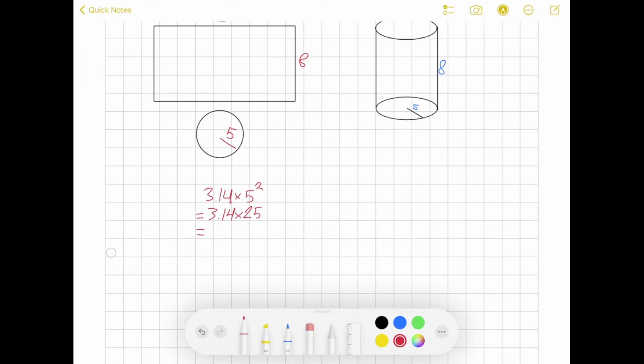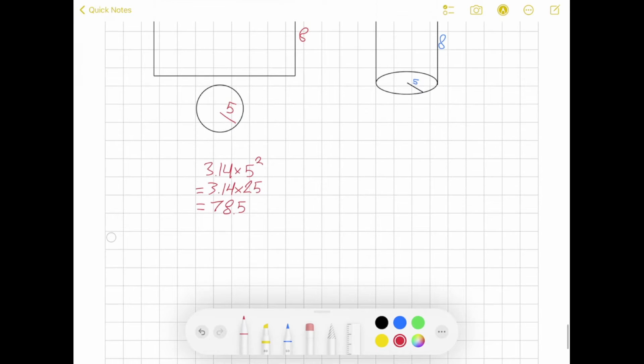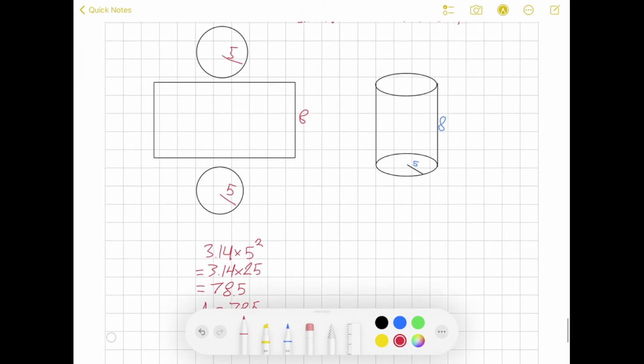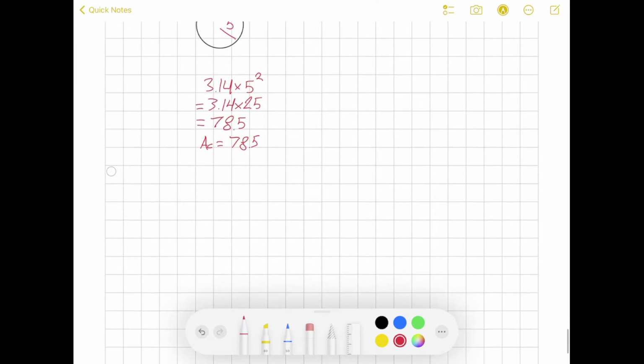Now we simply multiply 3.14 with 25, and we get 78.5. And that's for one of the circles. Remember that. So the area of a circle, or AC, is equal to 78.5.